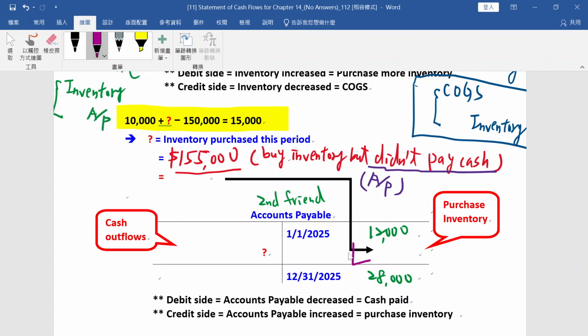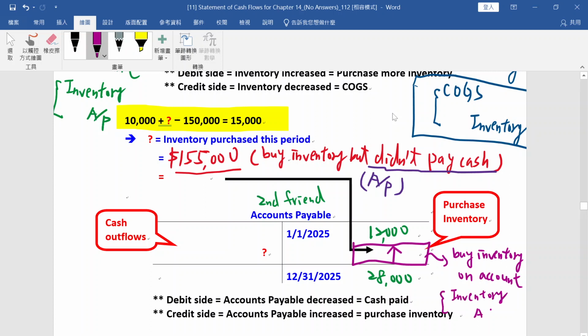This is the reason made your accounts payable increase. Why accounts payable increase? You didn't pay the money. So when you buy inventory on the account, right? Okay. So debit what? Debit inventory. Credit accounts payable.